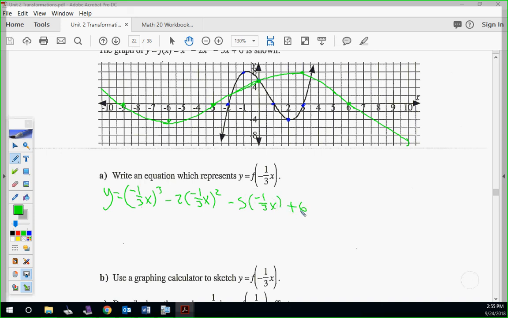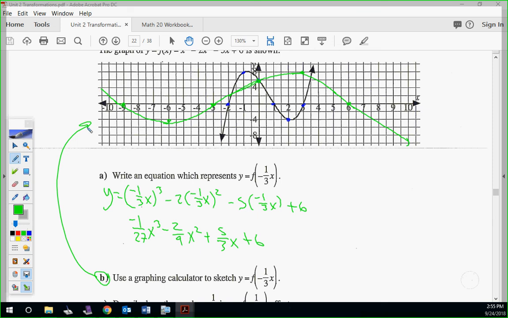And then when we simplify that, negative 1/3 cubed is negative 1/27 x cubed. Negative 1/3 squared is 1/9 times a negative 2 is negative 2/9. Negative 5 times negative 1/3 is 5/3 positive. And then plus 6 would be that equation. We just did B. Just to use a graph calculator, we did it ourselves. Okay.